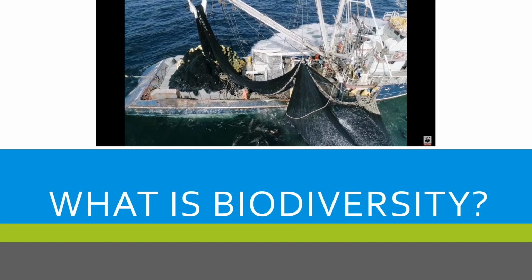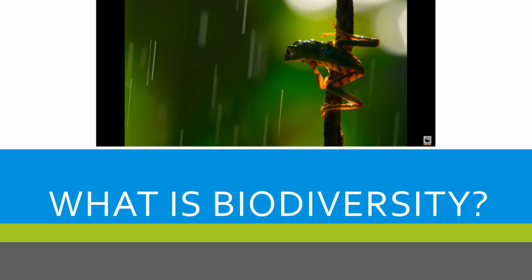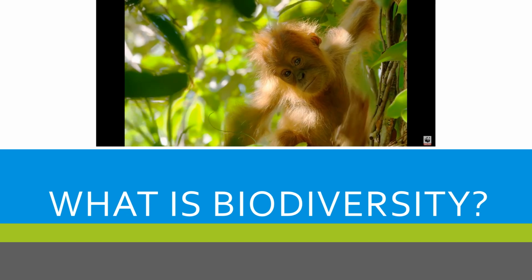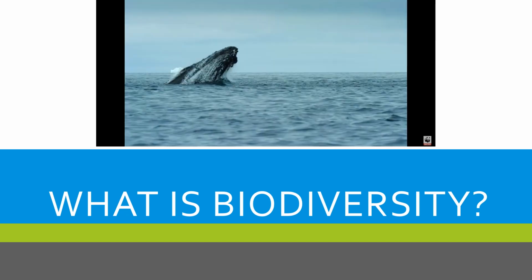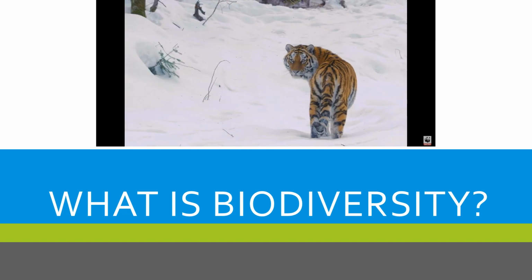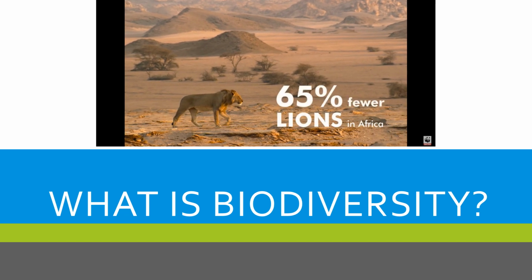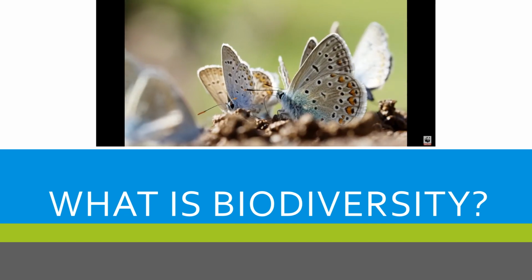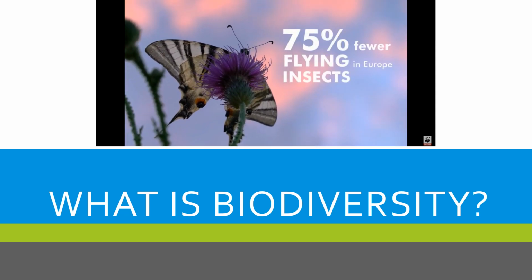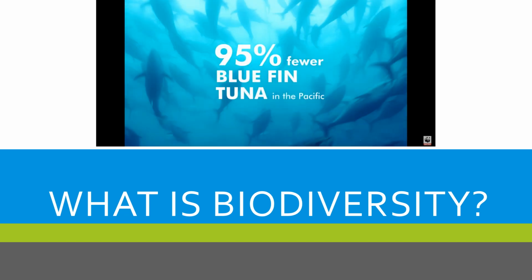In the last 50 years, our activities have dramatically reduced biodiversity across the globe. We've snuffed out habitats, reduced populations of wild animals by 60%, and even driven whole species extinct. The number of lions in Africa has dropped by 65%. The number of individual flying insects in Europe has dropped by 75%. The number of bluefin tuna in the Pacific has dropped by 95%.